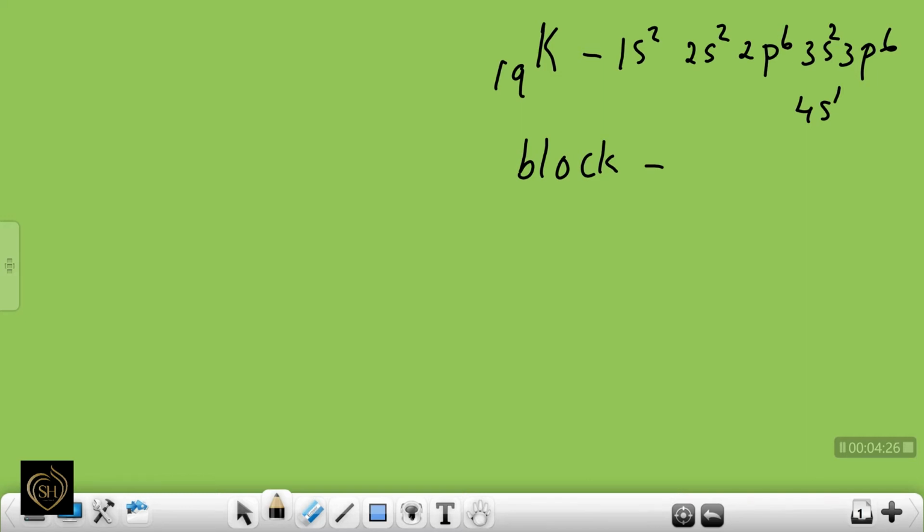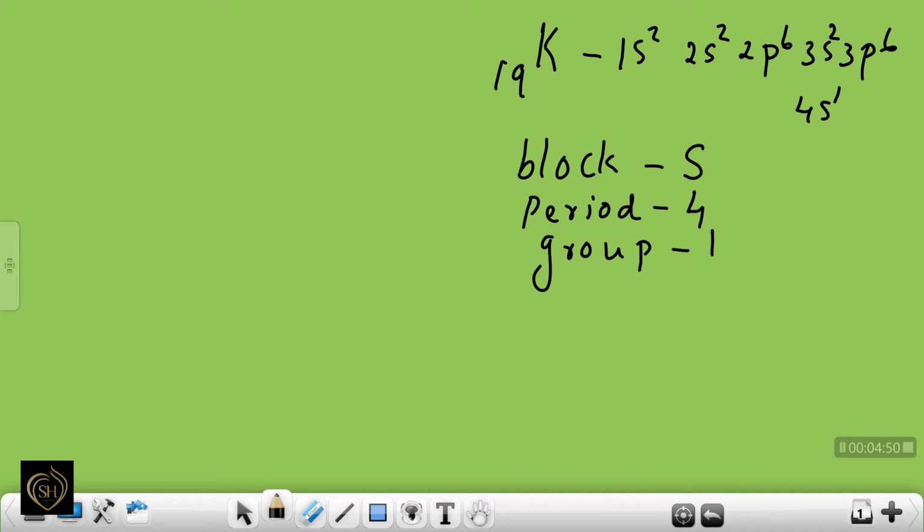So the last subshell is S, block S. Then period: the number of the last shell is 4. Then group: the last electron in the S subshell is 1. So the group is 1.